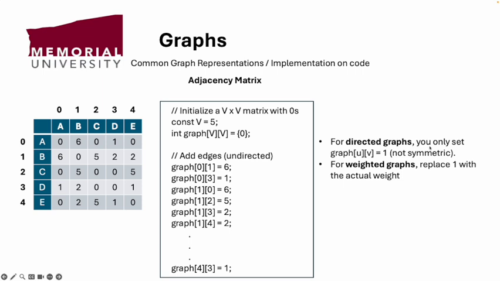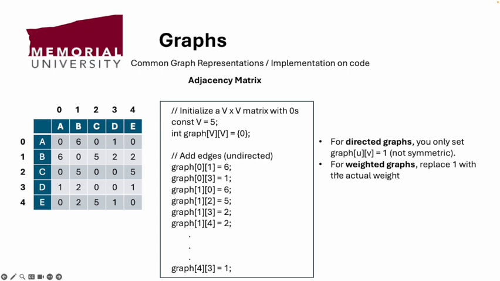For a directed graph, we can only set what? We can only set graph U and V equal to 1. No, it's not right. Let's skip this part. So we know it's not symmetric for a directed graph. For a directed graph, we only allow U as the start vertex and V as the end vertex.